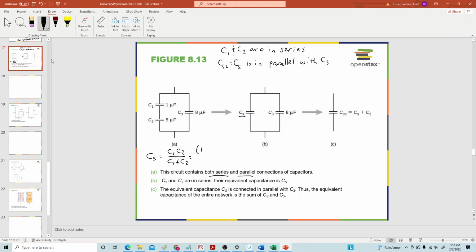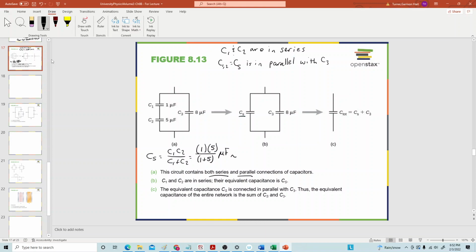So this is going to be 1, this is going to be 5, over 1 plus 5, and the overall unit is going to be microfarads. So this is going to be 5 divided by 6, or 5/6. And in decimal form, that would become 0.83 repeating.